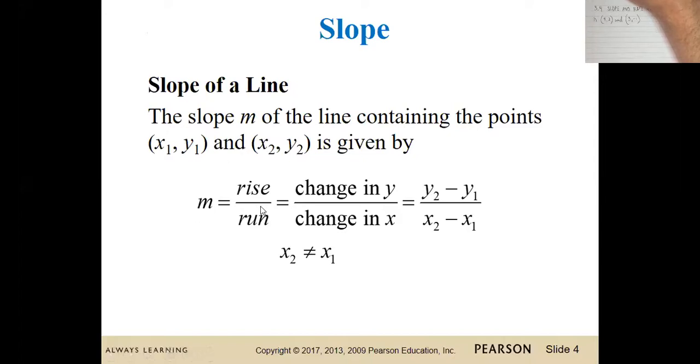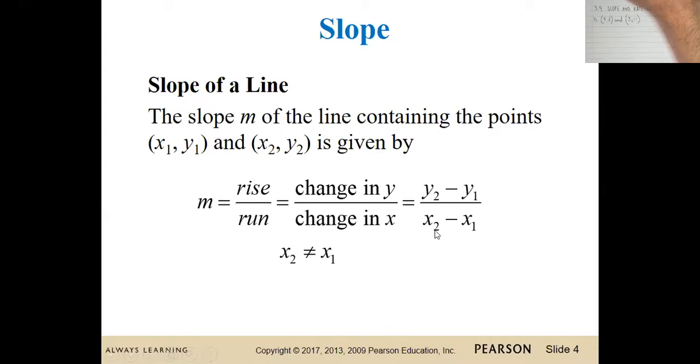Slope is rise over run, which means the change in y over the change in x. Rise is going up or down, and run is going left and right.